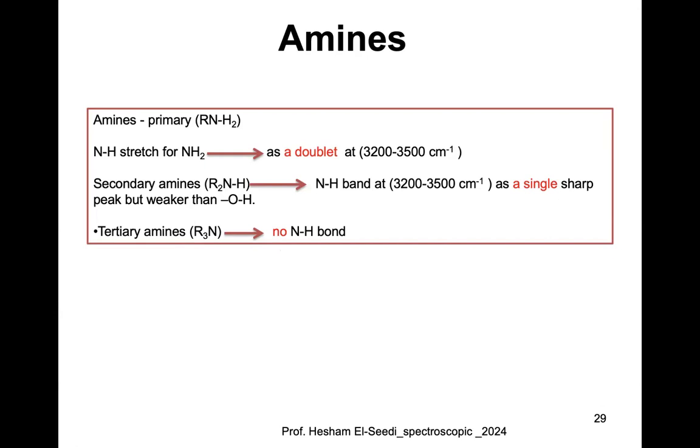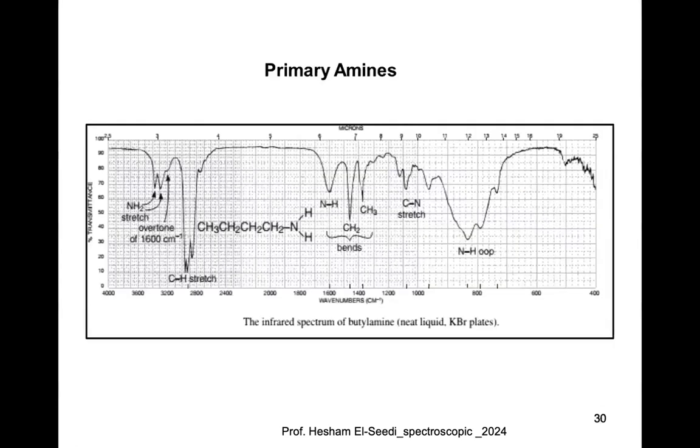When it is N only, no peak you will see. So if we take primary amines, for example, now you can see 2 peaks here at higher delta value, which means it is primary amine. And of course, you will see CH2 and NH as well.